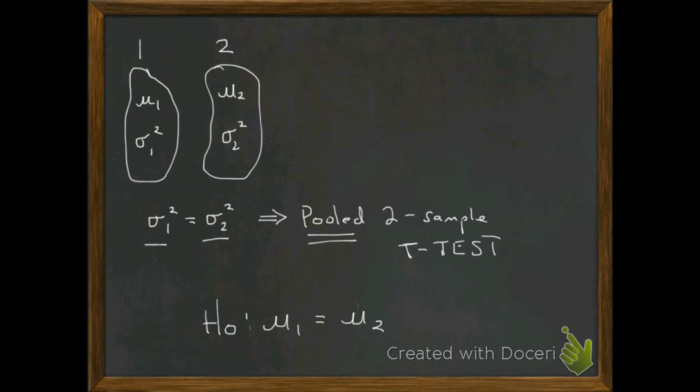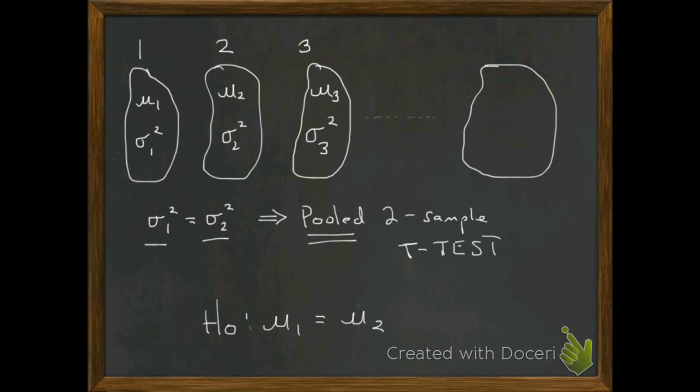Now, what happens with ANOVA? Well, ANOVA comes in and we have at least a third population, and very likely even more. The notation that I use is that we have K populations.